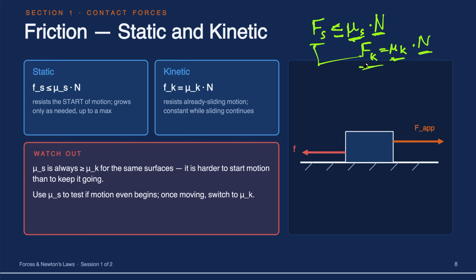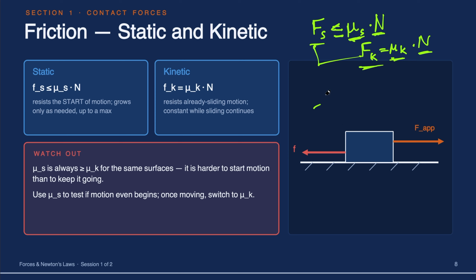Now, what is the difference between static and kinetic friction? Kinetic friction is while you're moving, okay? So while you're running, for example, the ground has to be pushing you backward, right? Otherwise, you'd be slipping on the ground. For example, if you were throwing a ball, okay?